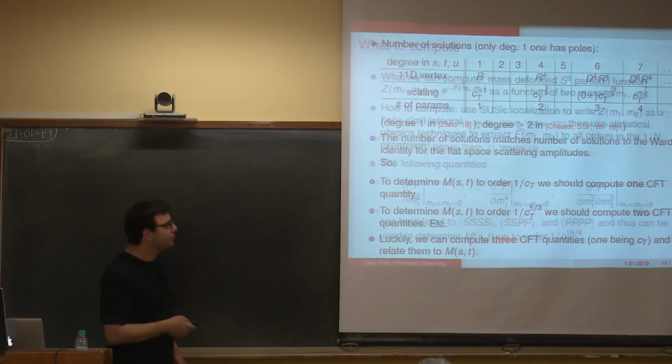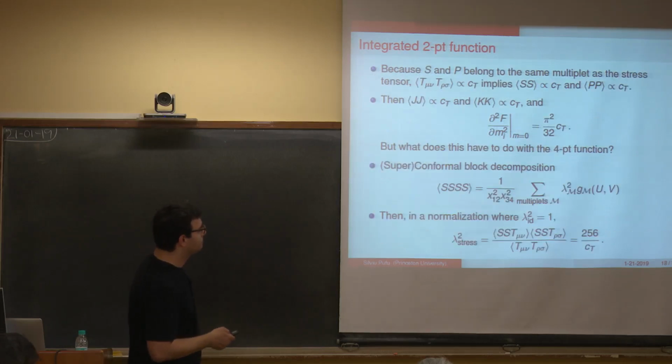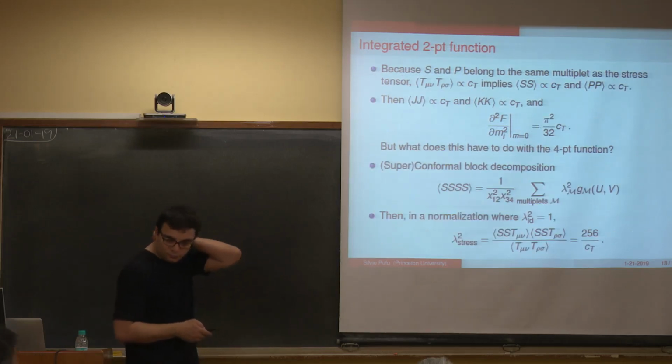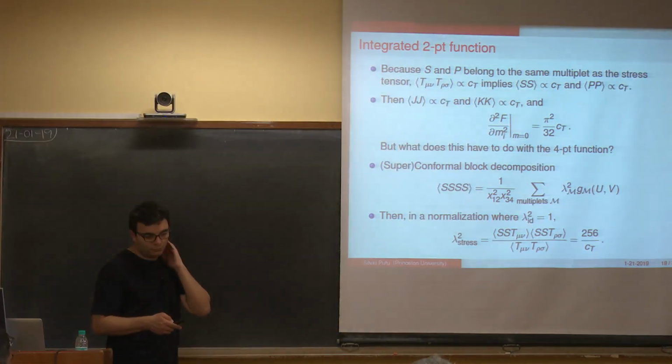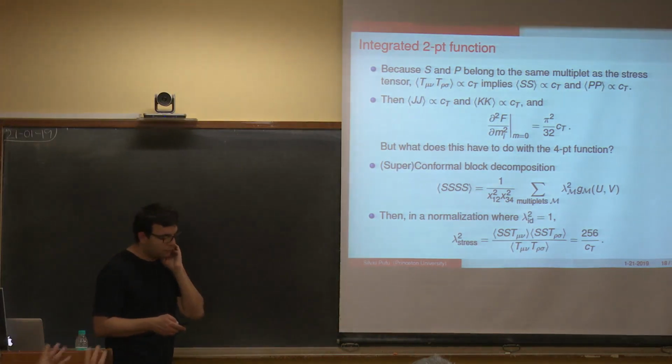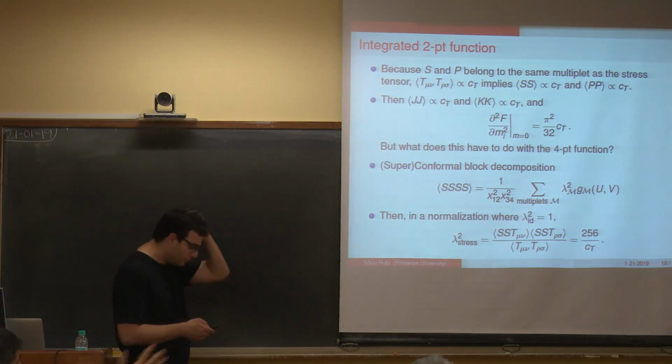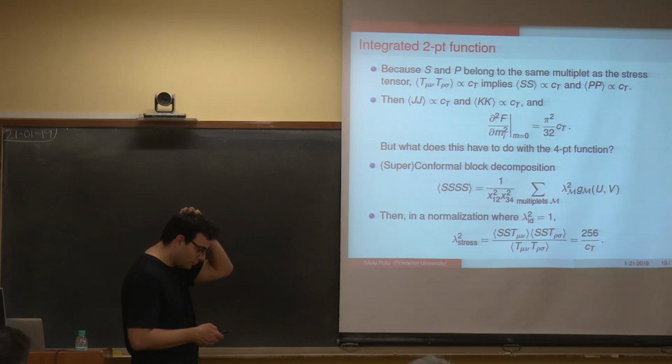In just a non-supersymmetric theory, you would have had a 3x3 block of stress tensor exchanges, and in order to specify this part, you would have to specify lots more data. But here, because the 3-point function is very simple, it's just one number. It's completely Newton.